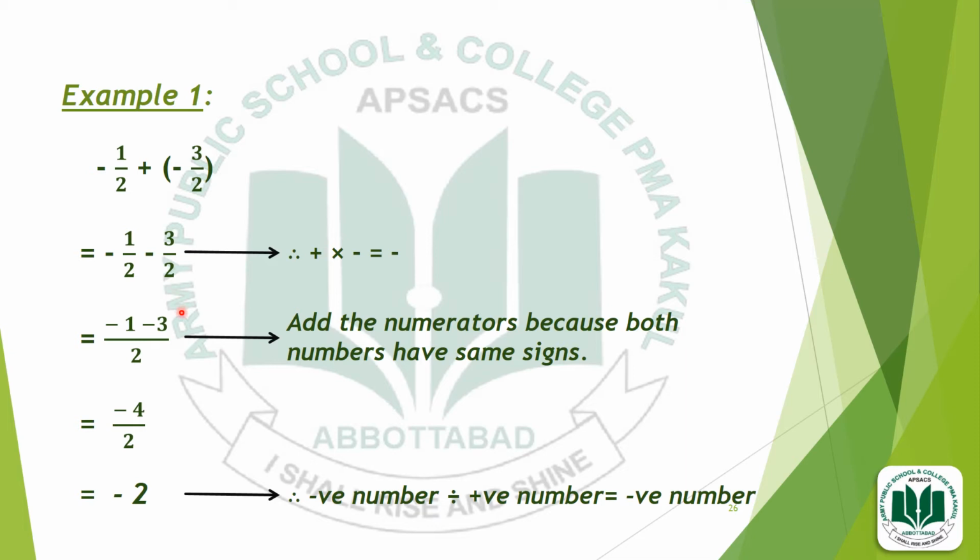So here we just have to add the numerators because both numbers have same sign. We will get minus 4 by 2, which can be simplified as minus 2 because we know that when a negative number is divided by a positive number, we get a negative number.